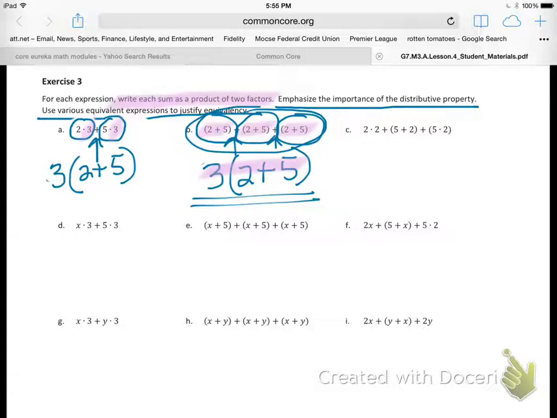So if we rewrote first as 2 times 2 plus, then we had that 5 times 2, and then plus 2 plus 5, and that really doesn't matter so much, this 2 plus 5, but you'll see why I did this.